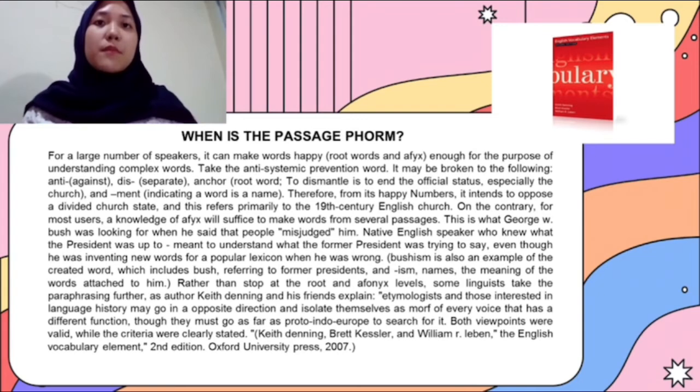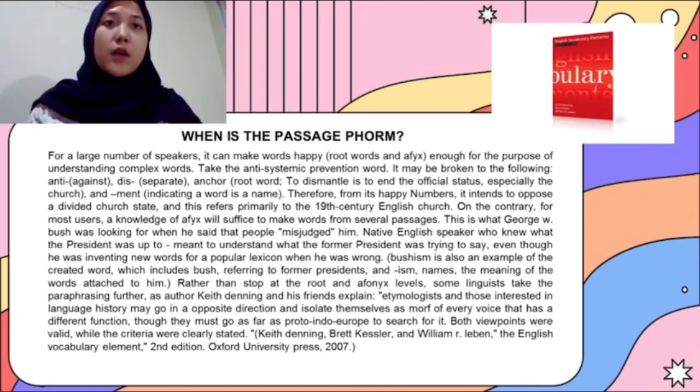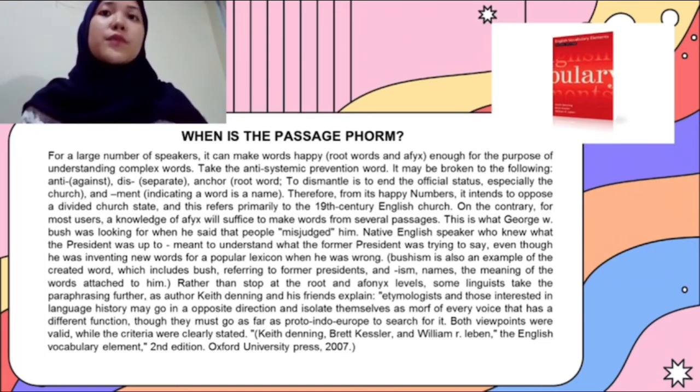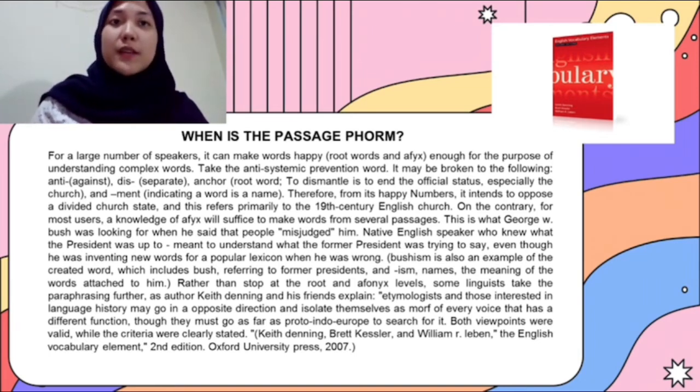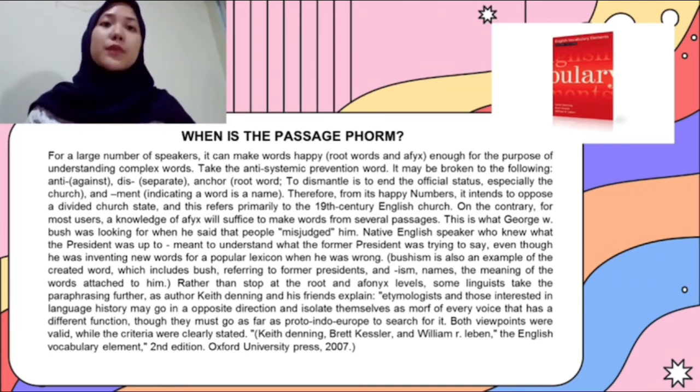So they must go as far as Proto-Indo-European to search for it. Both viewpoints are valid, according to a statement from Keith Denning, Brett Kessler, and William Leben, The English Vocabulary Elements, 2nd edition, Oxford University Press, 2007.